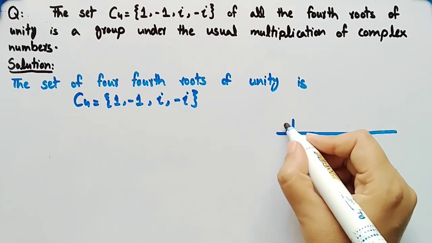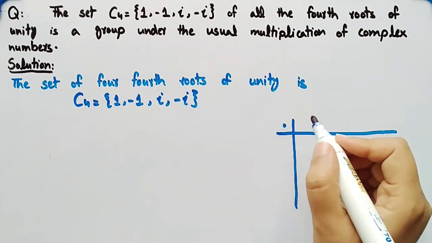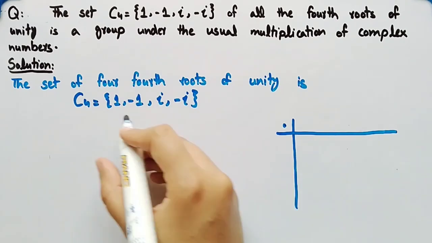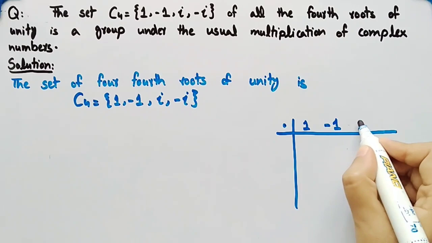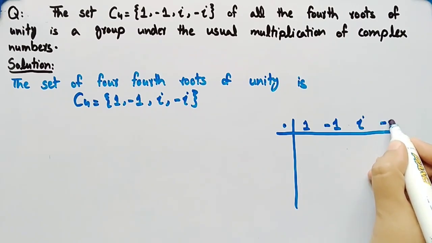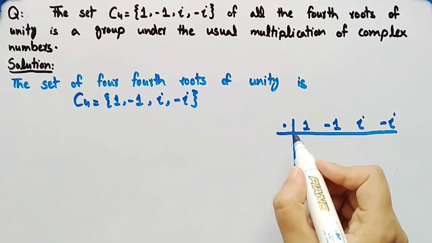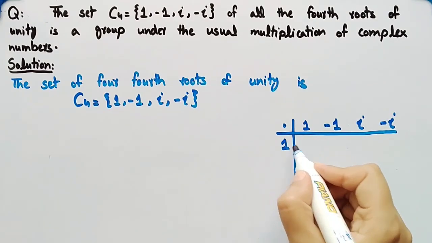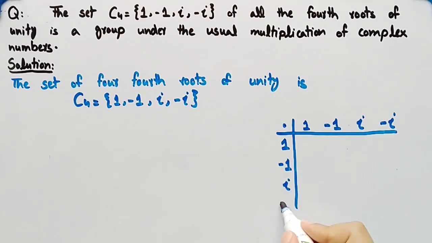Here we will write the binary operation, that in this case is multiplication, and in the first row we will write all the members of the set that are 1, -1, iota, -iota, and in the first column we will write all the members of the given set that are 1, -1, iota, -iota.